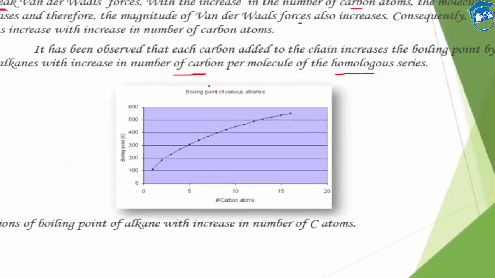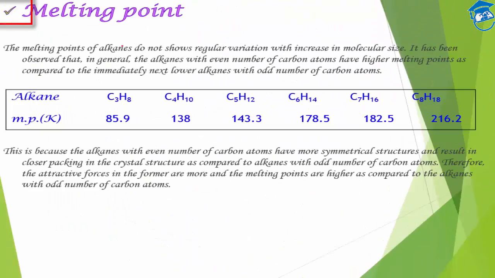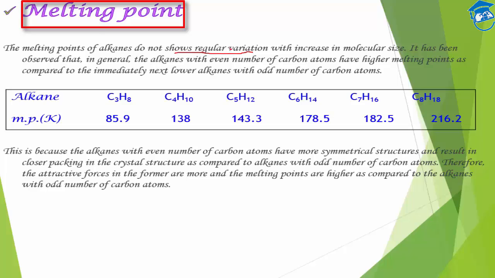Next, that is the melting point. In general, they do not show a regular variation with increase in molecular size, though one correlation is visible, that the even number carbon atom alkanes will have a higher melting point as compared to the immediate lower alkanes with odd number of carbon atoms.